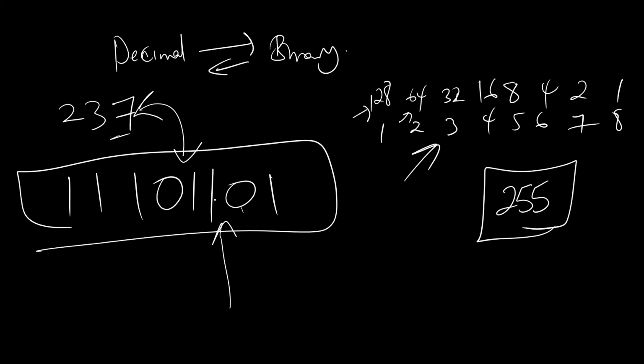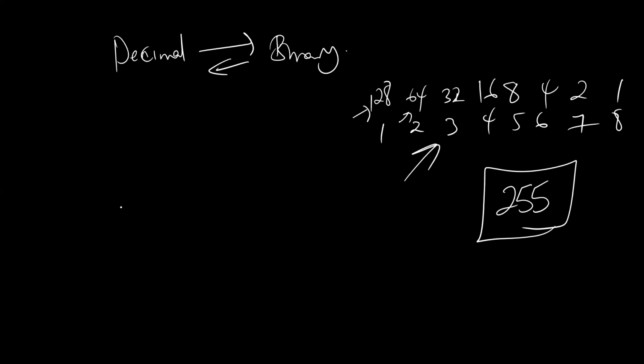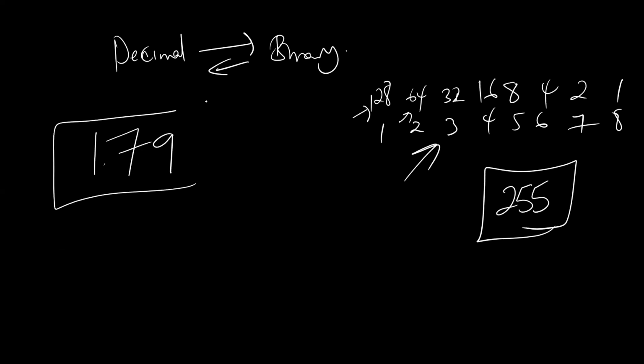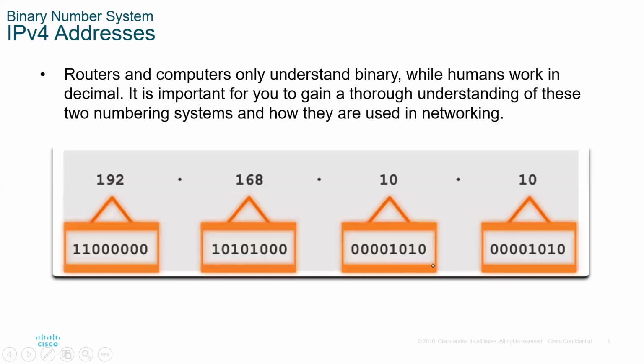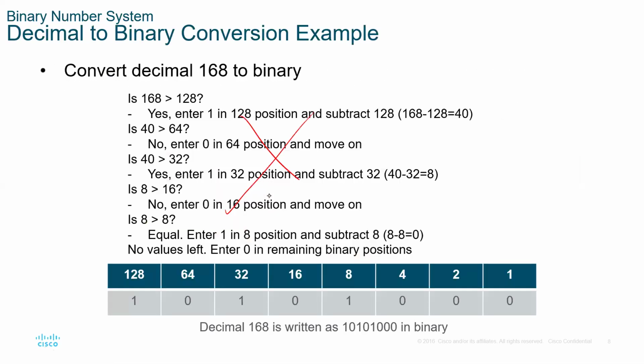Right. A question. Let's find, don't cheat yourself. Just Google, go. Let's find binary. Yeah. Any number that you want, you can get it. Let's find 179. 179, my zeros, my ones, anyone. 179. Two minutes. I'll wait on you.